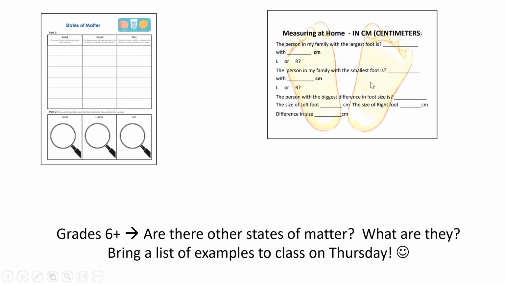Now my left foot is 25 centimeters and my right foot is 26 centimeters. So I have a whole centimeter difference. So the person with the biggest difference in foot size between left and right is going to be me.